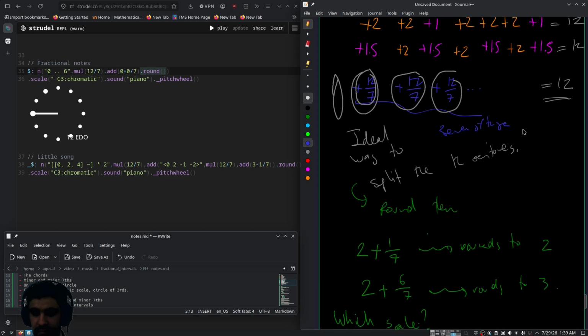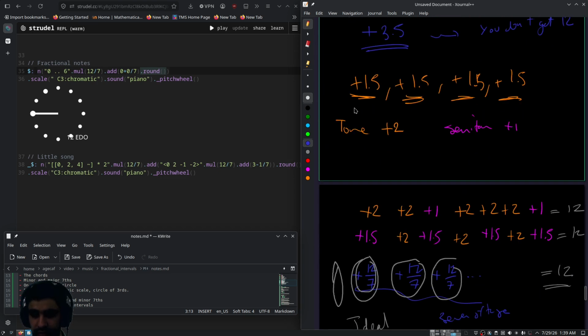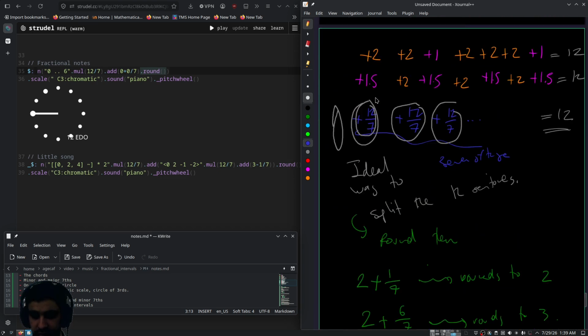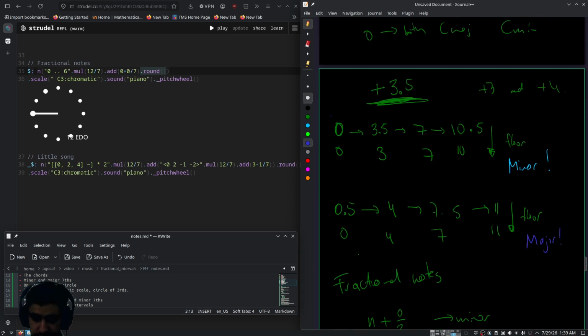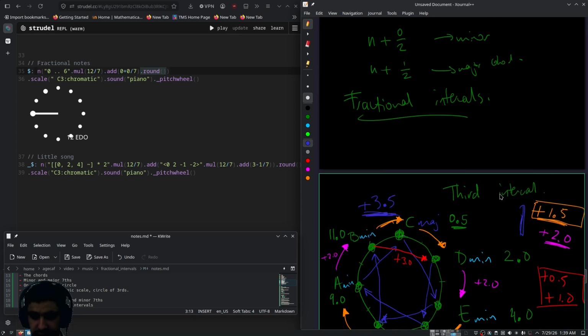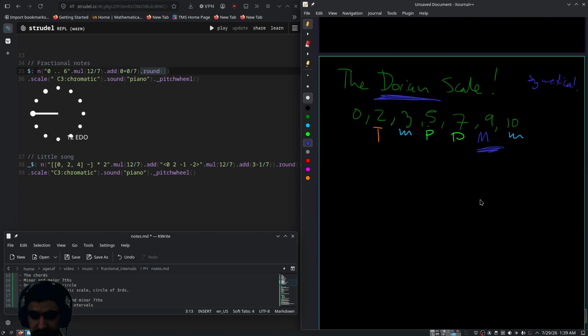But if you remember, what we could do before is start with either 0 or 0.5, and we got either the minor things or the major ones. So the question is, what happens if instead of beginning with 0, we begin with 0 minus 1 over 7?